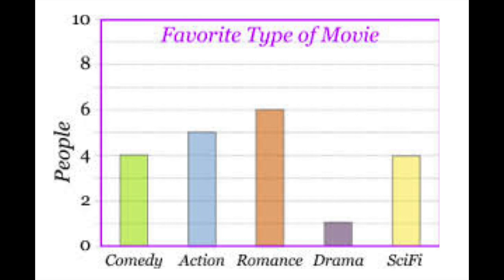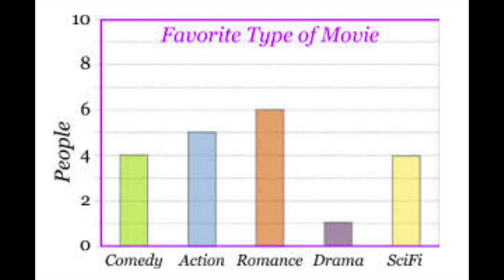So according to this graph, how many people said that comedy was their favorite type of movie? Yeah, right, so you start at the top of the comedy line, you move across the graph in a nice straight line to the numbers, and you see it lines up perfectly with that 4. Good. How many people like romance the best? Right, 6 people like romance the best.